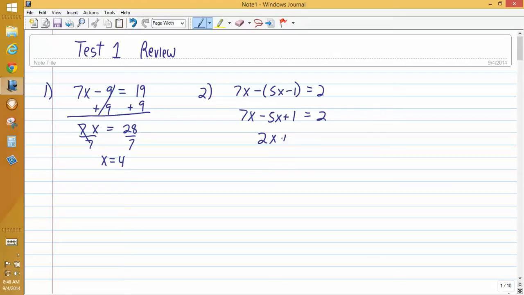So it's 2x plus 1 equals 2. And now solve for x. To get x by itself, I divide both sides by 2. And I get x equals 1/2.